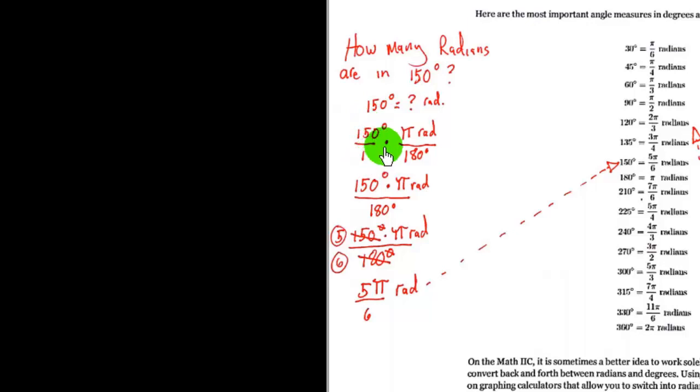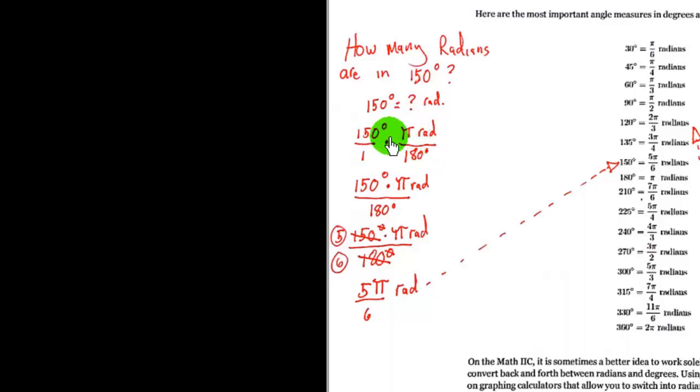Since your units in the numerator are degrees, and you want to get rid of degrees and end up with radians in the numerator, you're going to multiply by pi radians over 180 degrees. Since pi radians equals 180 degrees, really you're just multiplying by a form of 1, because anything divided by itself is 1.